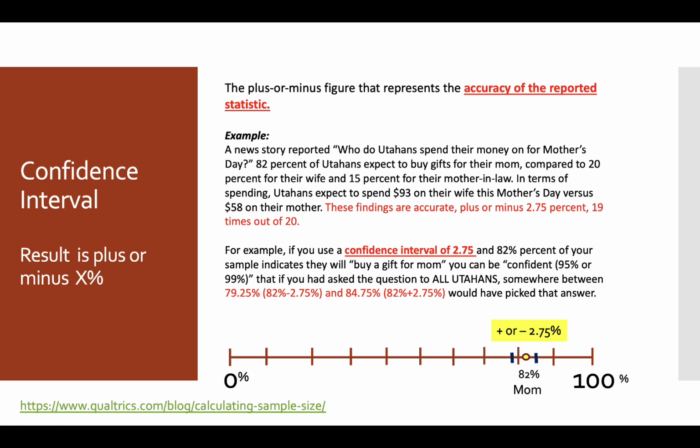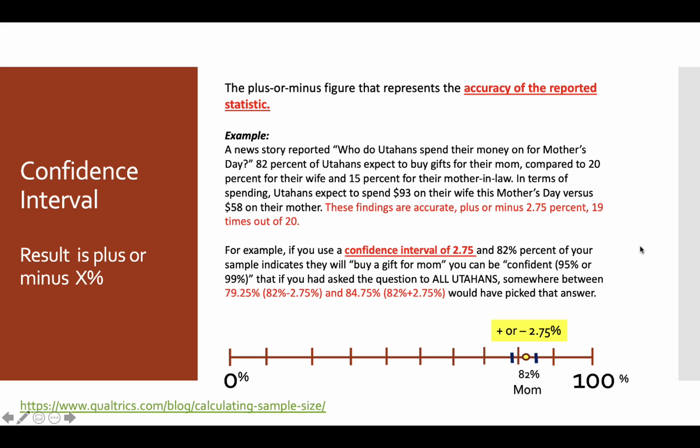So in terms of spending, Utahns expect to spend $93 on their wife this Mother's Day versus $58 on their mother. The findings are accurate to plus or minus 2.75%, 19 out of 20 times. So this is an actual survey that I found.